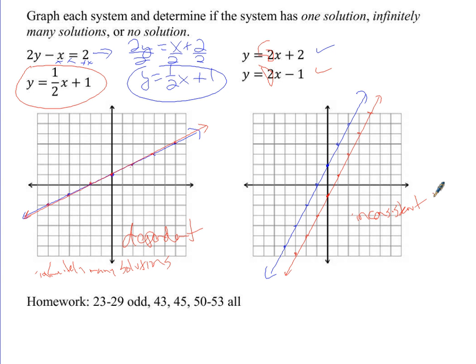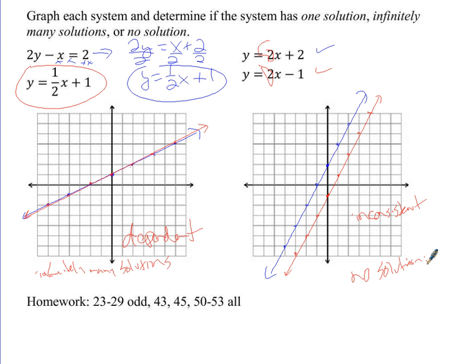And inconsistent means how many solutions do I have? No solution. These lines will not cross. So technically, you don't have to graph these problems to figure out what the answer is going to be: one solution, infinitely many solutions, or no solution. What would one solution look like?